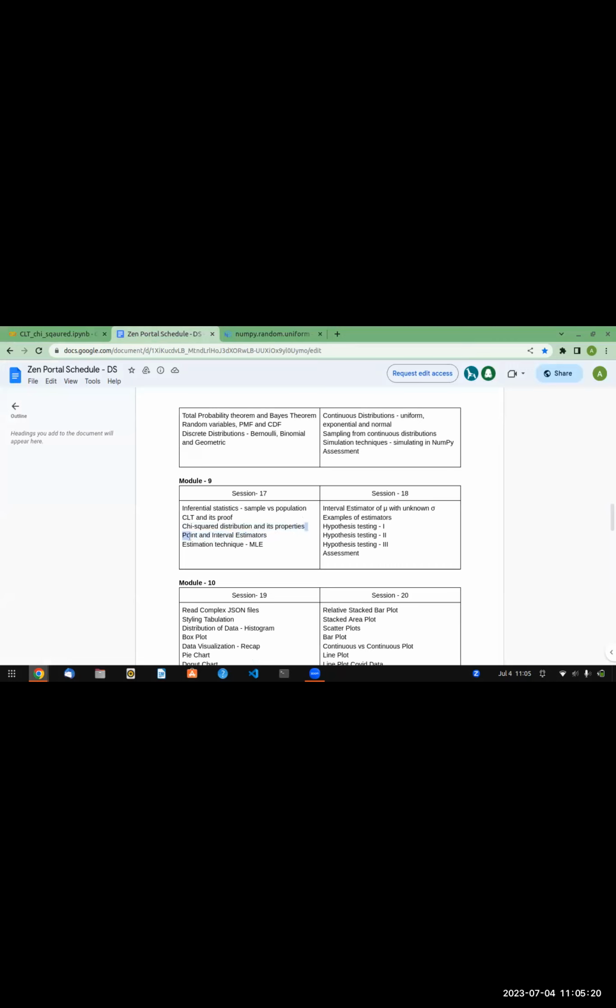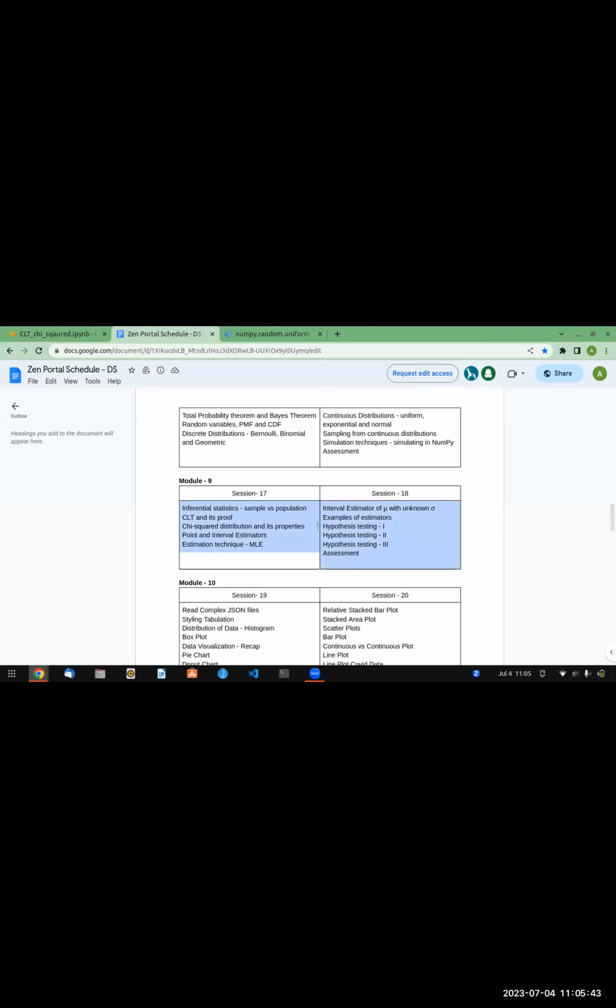Till this part we covered point and interval estimators, MLE, these two concepts, and hypothesis testing. As soon as we complete this, we'll move to visualization, because these are all conceptual, although theoretical, things.